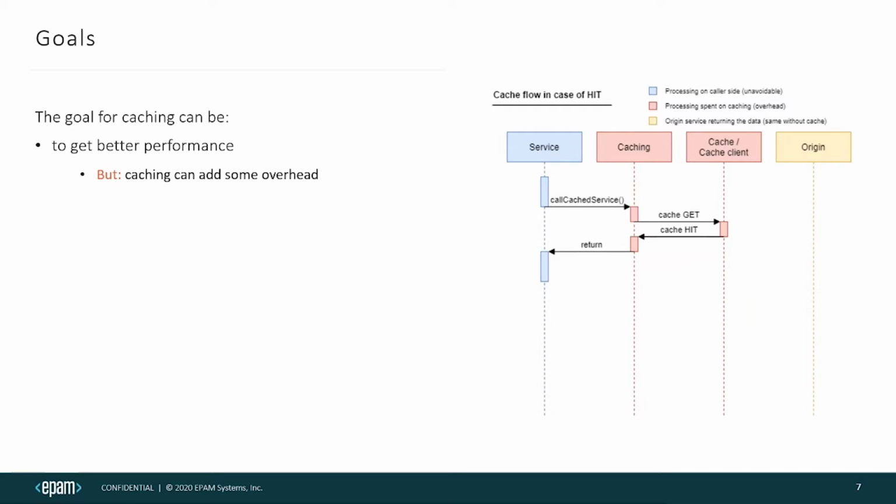So talking about more potential goals, just ticking the box next to performance, we need to make sure that we still remember that caching has an overhead as well. And if you think about the red parts on the diagram so far, you can see why. So that represents some time being spent on caching only. And in case you have a miss, then that's not really time well spent.